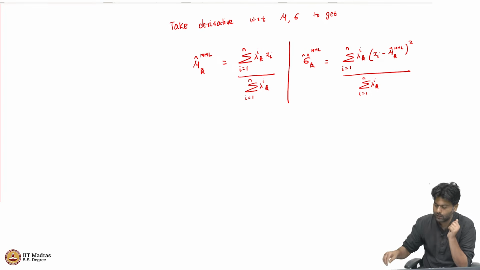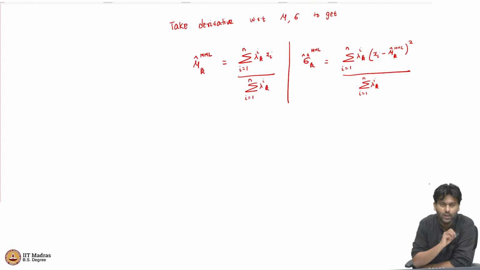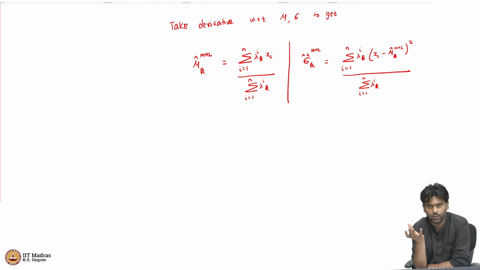If that happens, then what this is essentially telling us is mu hat mml k is simply the mean of the data points assigned to a particular cluster, and sigma squared k mml is just the sample variance of the data points assigned to a particular cluster. If our lambda i k's are 0 for all k's except one, for which the value is 1, but then we are not constrained to put lambda i k's like that.